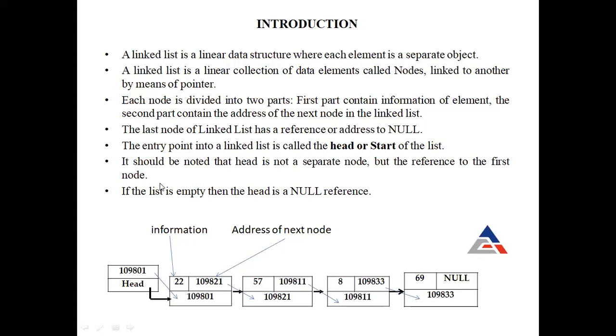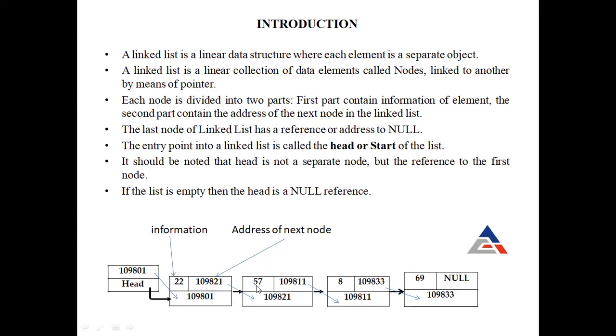A linked list consists of two parts. First is the information part, second is the address part. So this figure represents a linked list in which the head represents the address of the first node, and the first node has two parts, one information, one address. 22 is the information, and 109821 is the address of the next node.